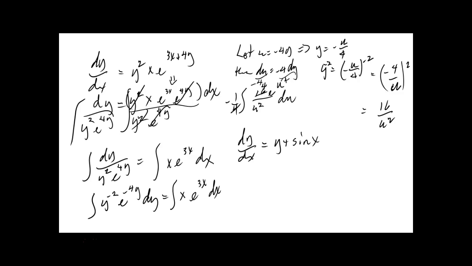Say again? How? Okay. What I thought I understood you say is write it in differential form: dy is equal to y plus sine x dx, right? And then I hear you say divide by y.